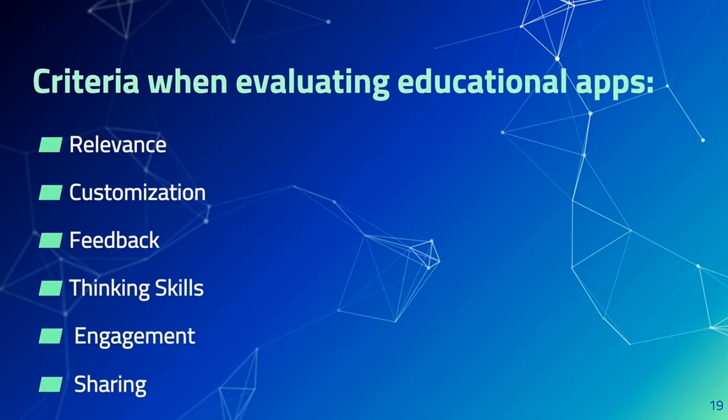And then sharing. Now, your students' work, will you be able to share it with their peers? Will your students be able to share it with you, or will they be the only ones who can access or see it? This is another important point that you need to take into consideration when you are selecting your educational app.